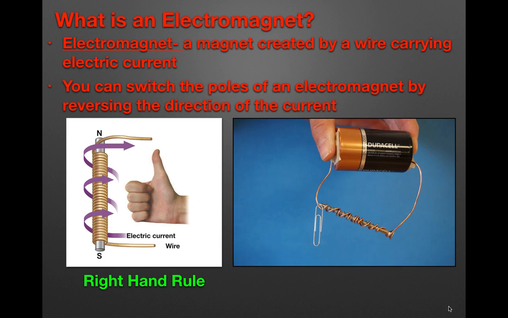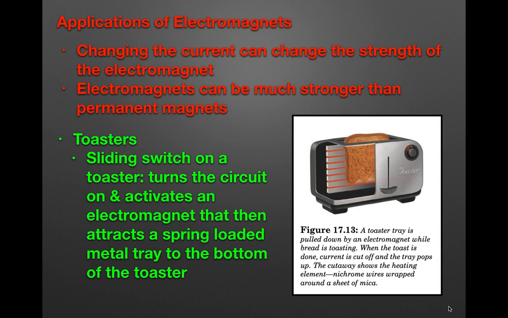As we saw before, with permanent magnets we can't do that. If you take a permanent magnet and chop it in half, all you're going to get is another north and another south. So the fact that you can change the direction of the current and change the poles is an advantage over permanent magnets.